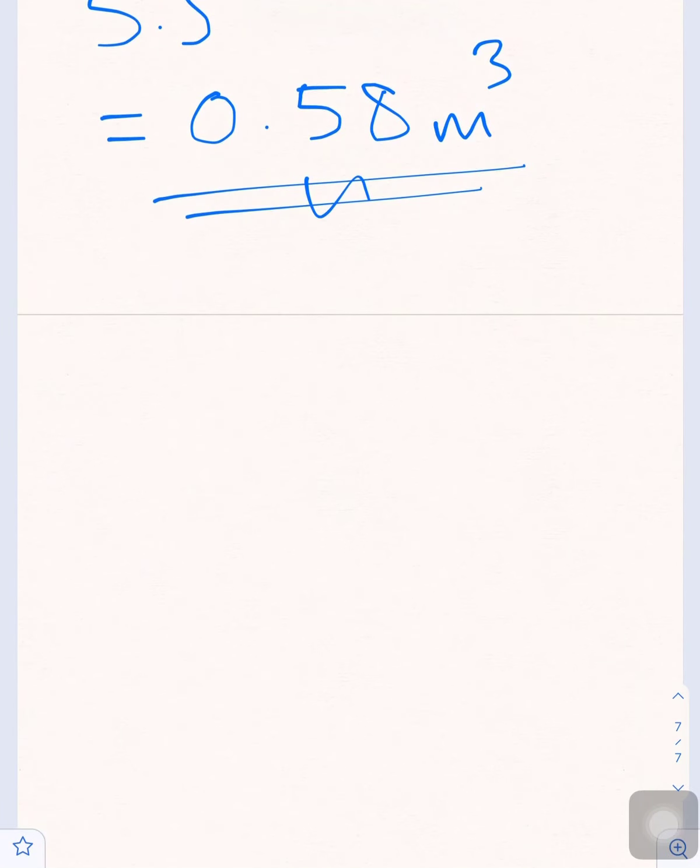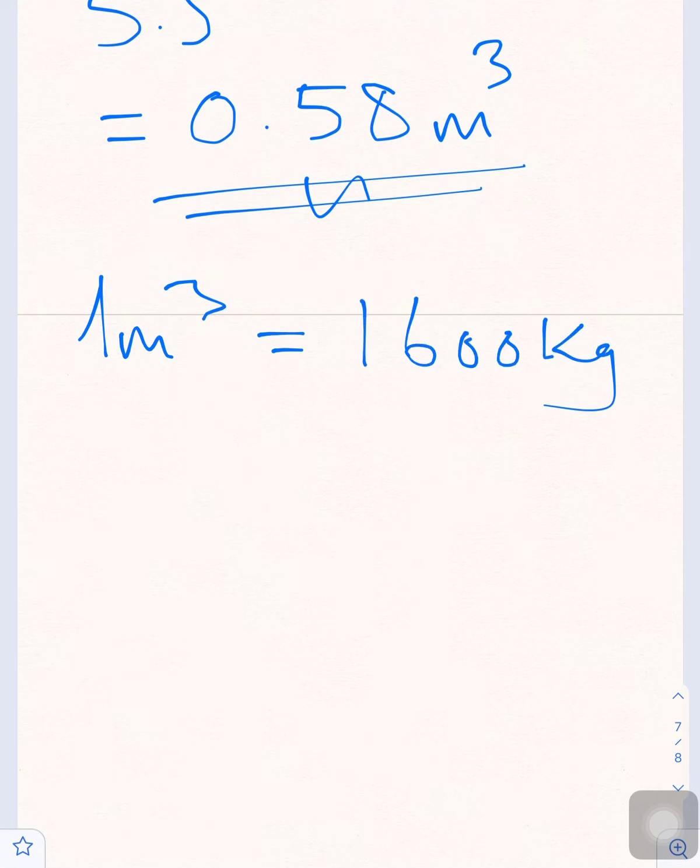But we want to talk in terms of kgs, because normally when you're purchasing sand, you buy it in quantities. So we need to quantify our sand. We know, because we are engineers, that for 1 cubic meter of concrete, about 1600 kgs of sand would suffice. How about 0.58 cubic meters?